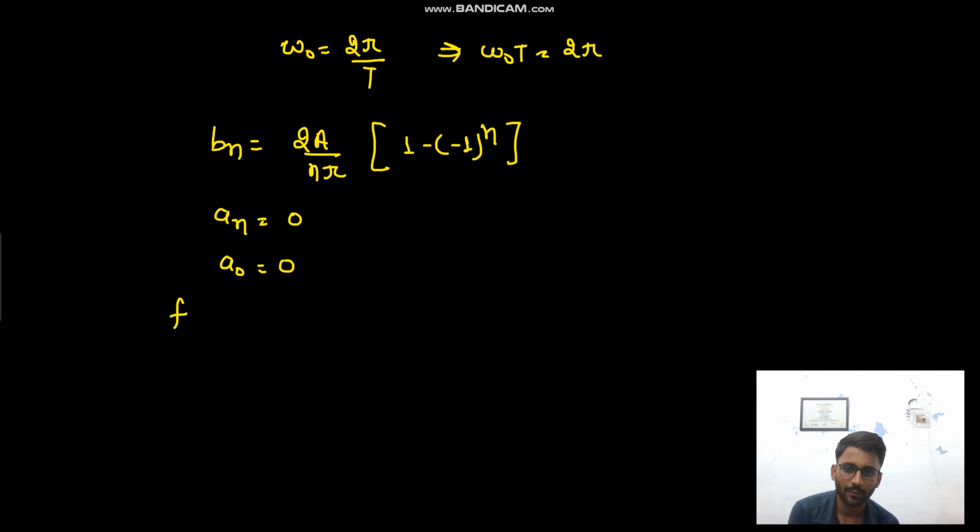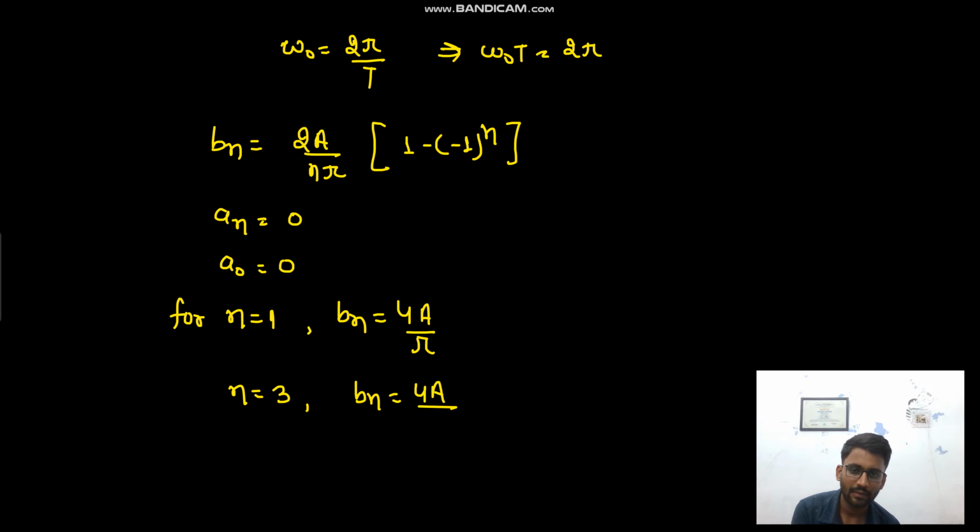So for n equals 1, your b_n is 4A by pi, right? For n equals 3 it would be 4A by 3 pi. For n equals 2 your b_n would be 0, and for n equals 4 it would also be 0.